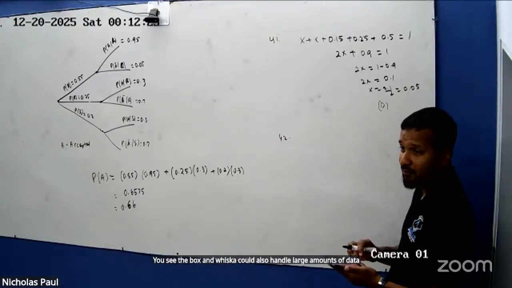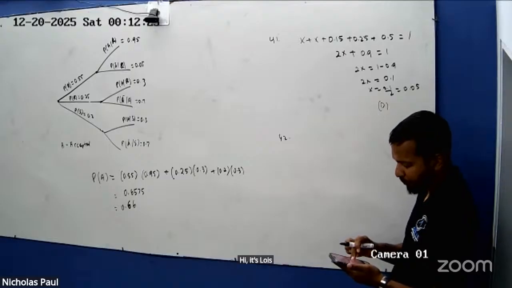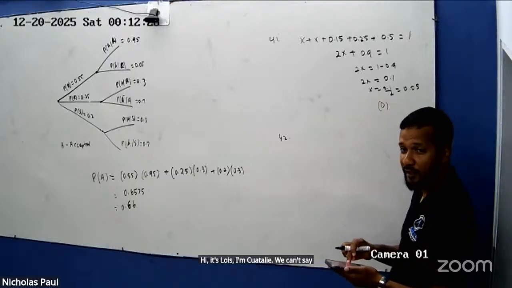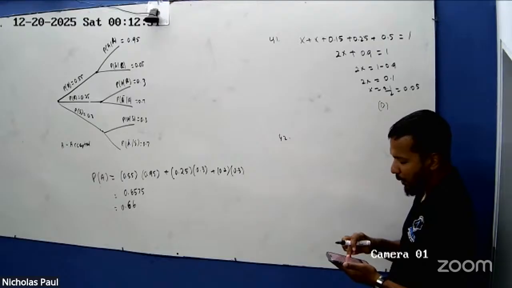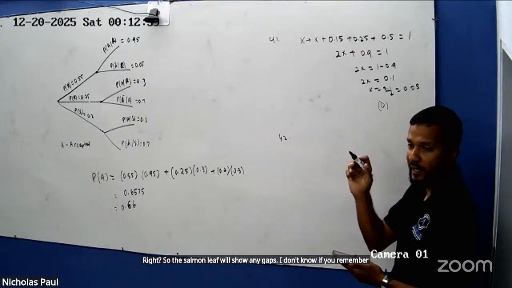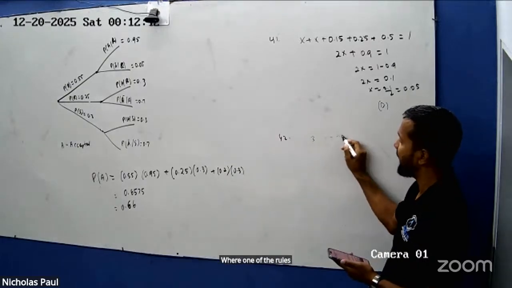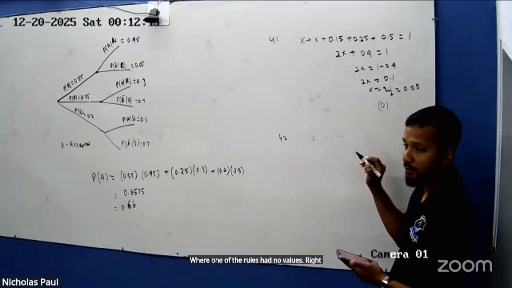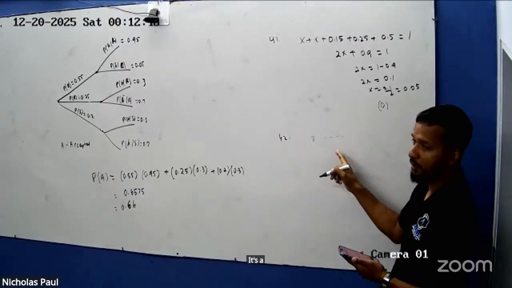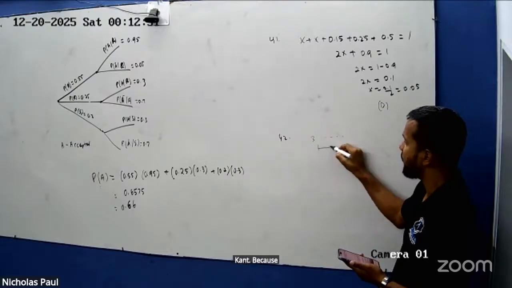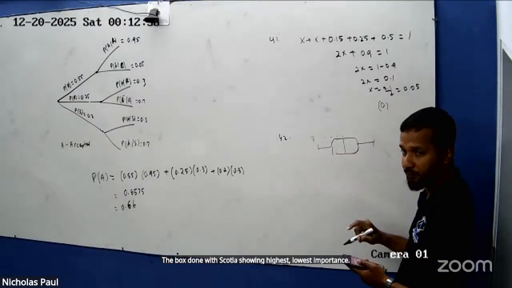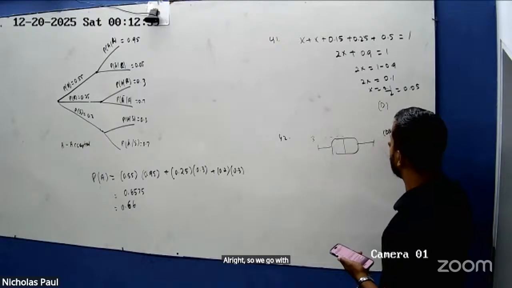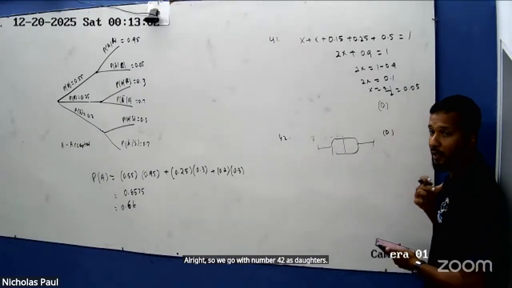Highest, lowest, and quartiles, we can't say either A or D. Choose one. The stem and leaf will show you the gaps. I don't know if you remember the one that we did, where one of the rows had no values. The stem and leaf could show you that, but the box and whisker can't, because the box and whisker is just showing highest, lowest, and quartiles. All right, so we go with number 42 as D.